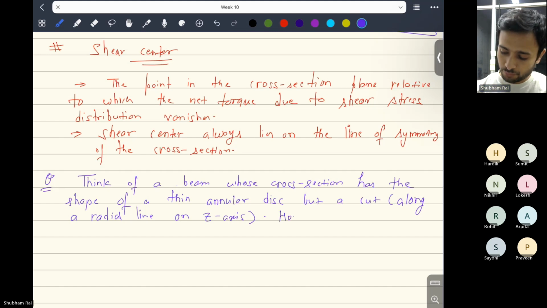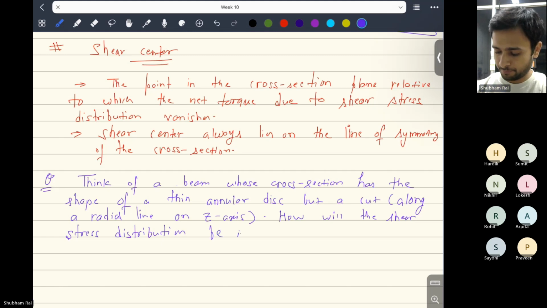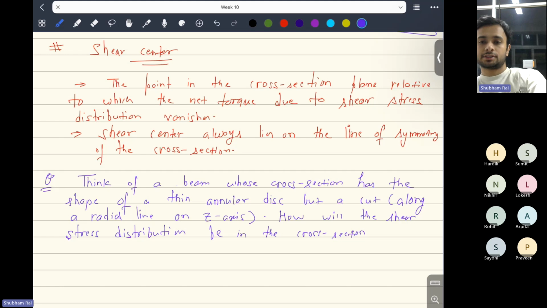Question is, how will the shear stress distribution be in the cross section?